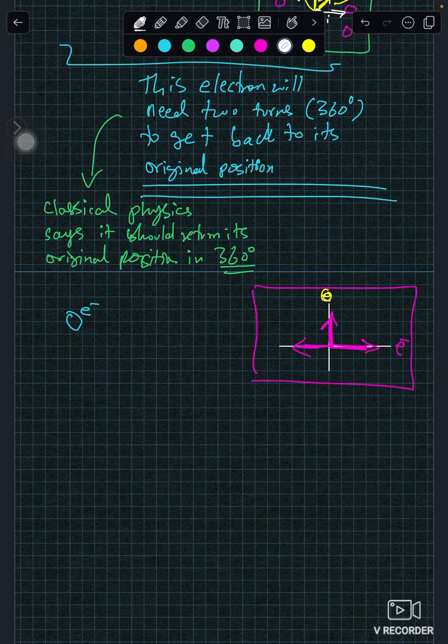But in quantum mechanics, we know that it's different. This part is negative and this is positive.